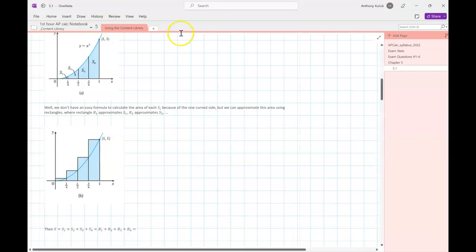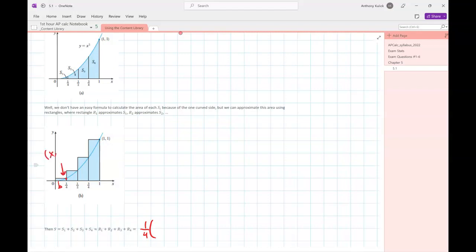So how would I write that area for R1? What's the base? 1/4. And what's the height going to be? It's going to be the y coordinate for that point, right?